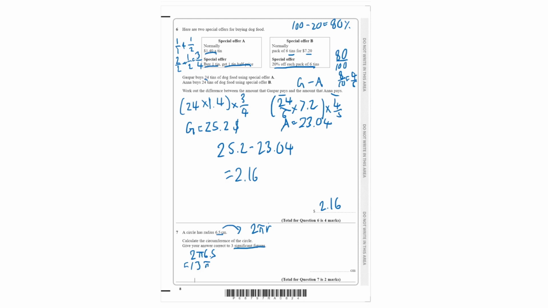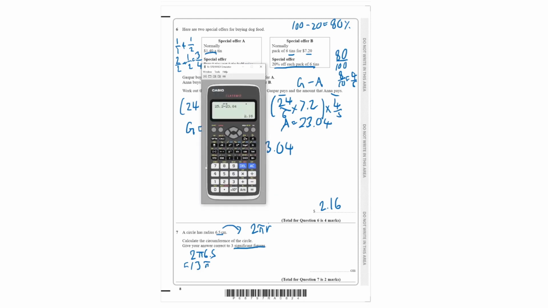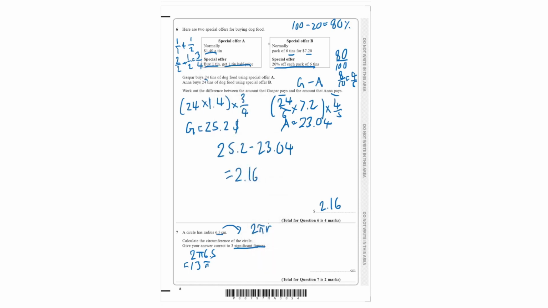And now we can use our calculator here. We have 13 into pi, which gives us 40.84, which is equal to 40.84 centimeters as our circumference.